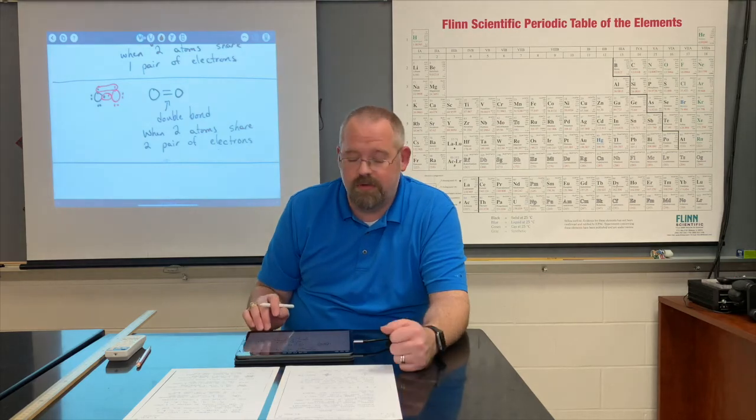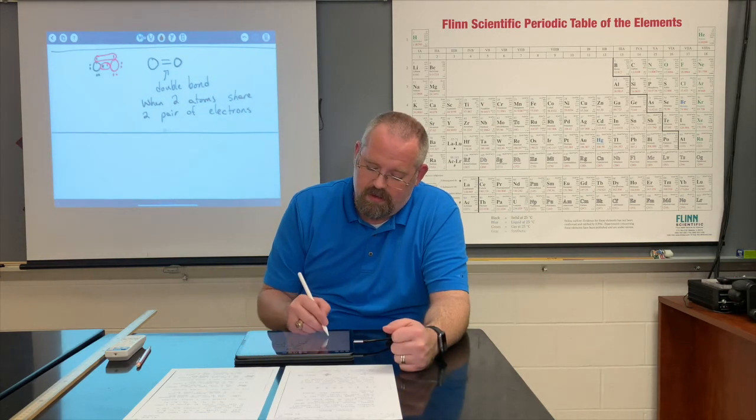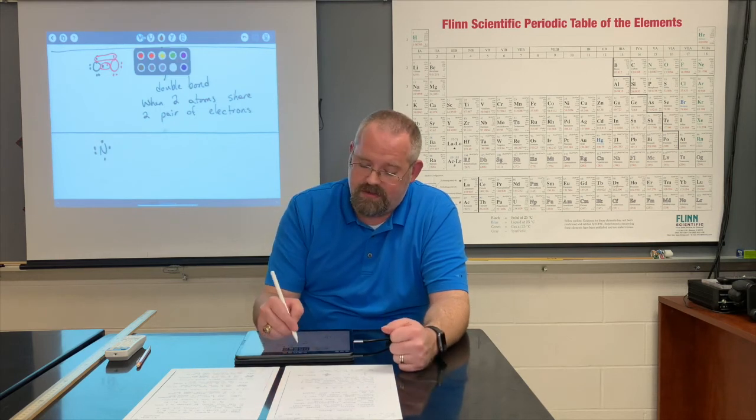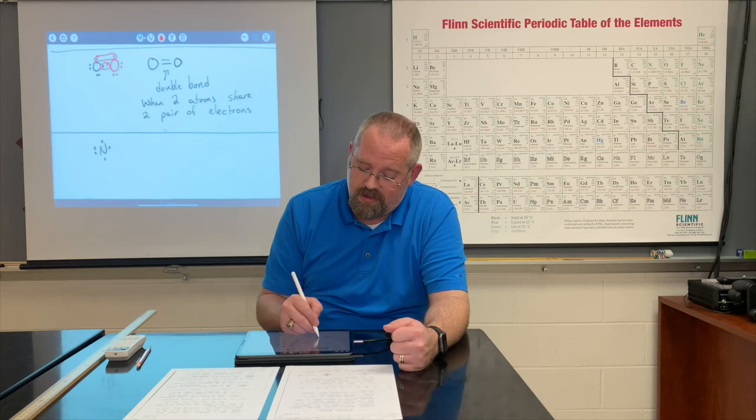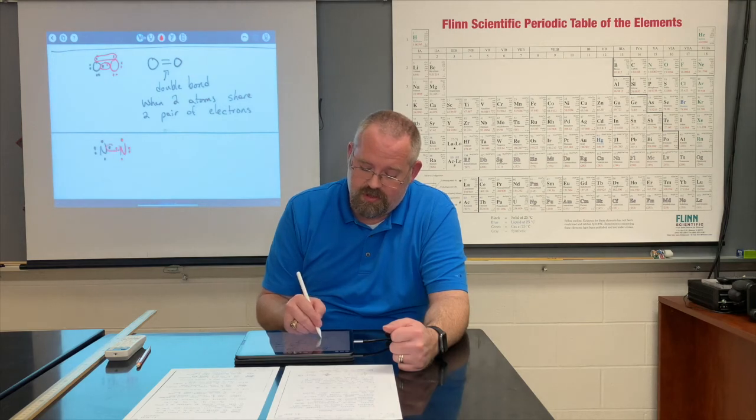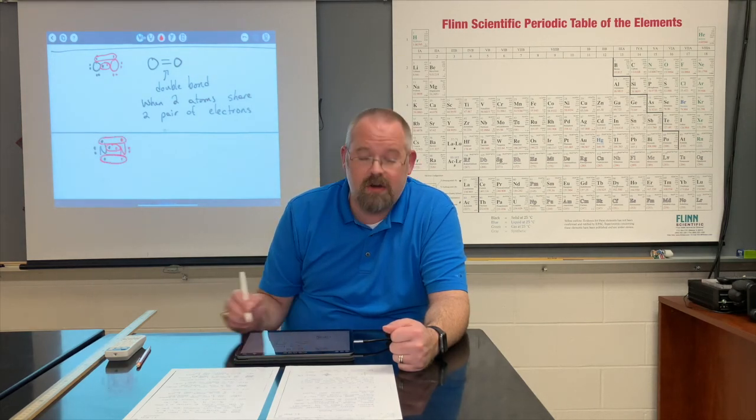Okay, pretty straightforward. What do you think's next? Nitrogen has 5 valence electrons. It's diatomic, so you have to have 2 nitrogens. Okay, so we're going to share here, we're going to share here, and we're going to share here.